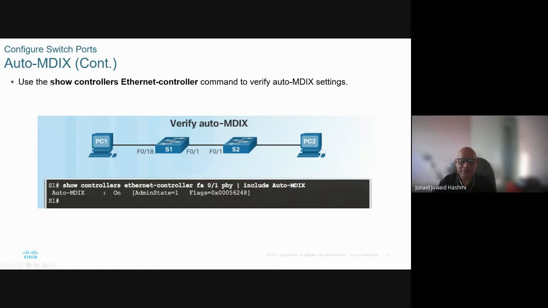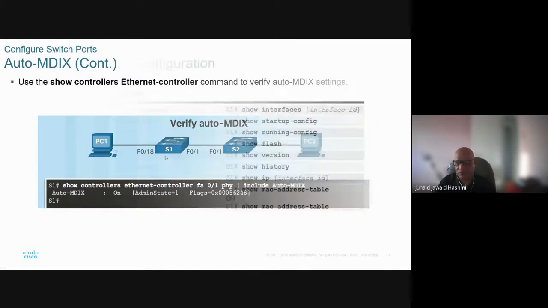To verify the auto MDIX setting, you use this command: show controllers Ethernet controller. Auto MDIX is on by default, if it's supported.